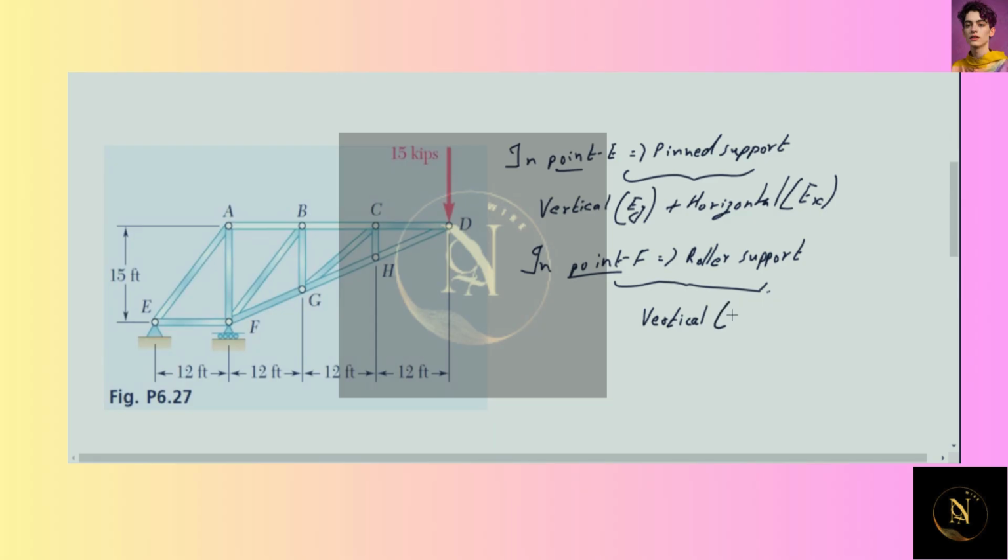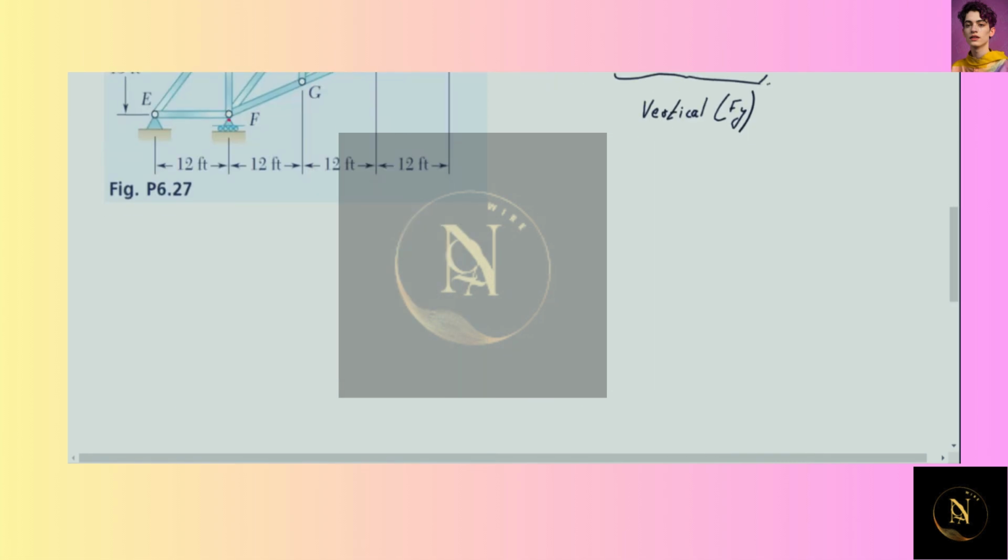Let's call it FY. Now let's draw the reactions here in the figure itself. This will be FY, this will be EY, and this will be EX. Now from equilibrium of the truss, the support reaction in X direction at joint E is 0.